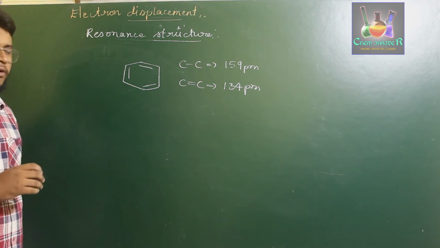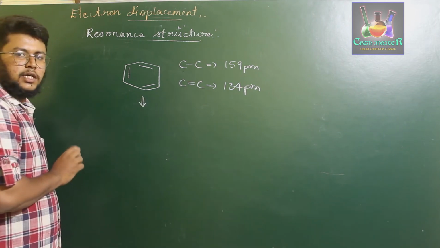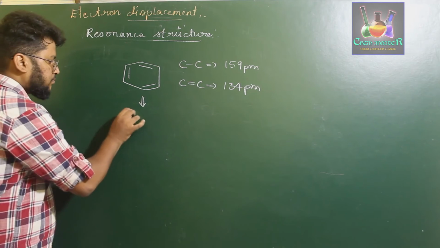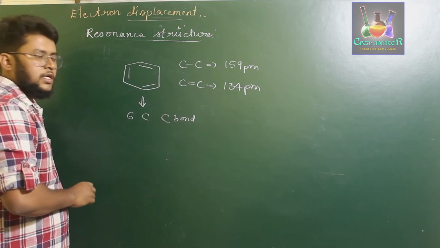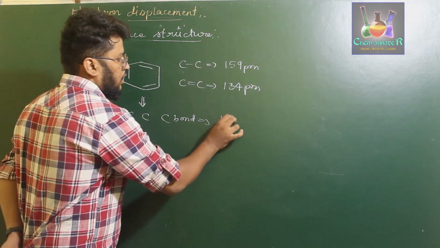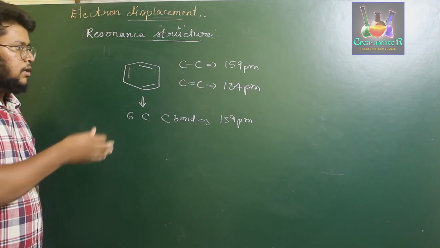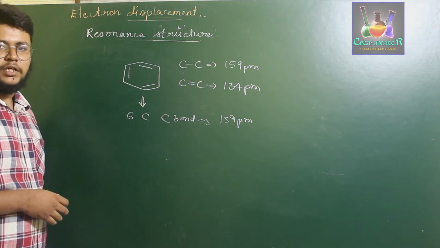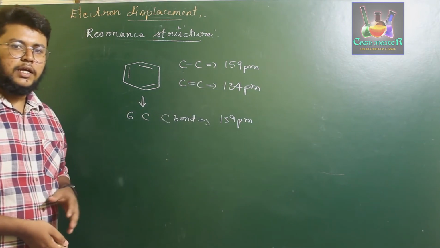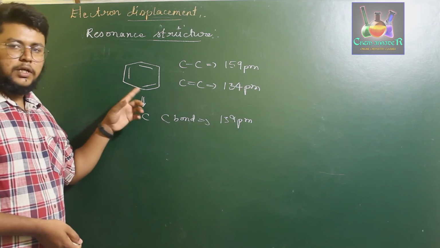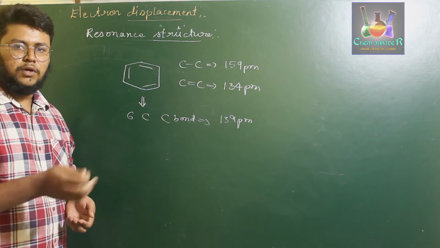But the spectrochemical data has shown that the benzene ring has 6 carbon-carbon bonds whose bond length is found to be 139 picometer, which is nothing but the average between 134 and 159. It is somewhere between 134 and 159, clearly indicating that the bonds between the carbon atoms are not the same as in the respective hydrocarbons.